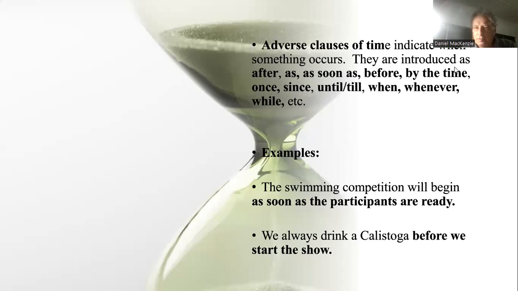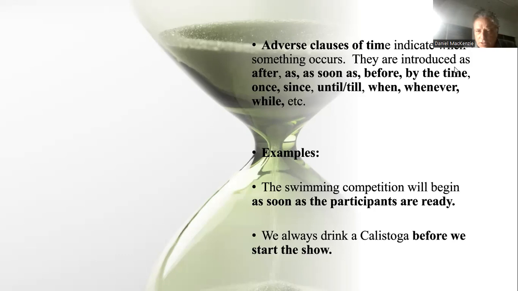Adverb clauses indicate when something occurs. They are introduced by after, as soon as, before, by the time, once, since, until, or till, when, whenever, while, etc. Examples. The swimming pool competition will begin as soon as the participants are ready.